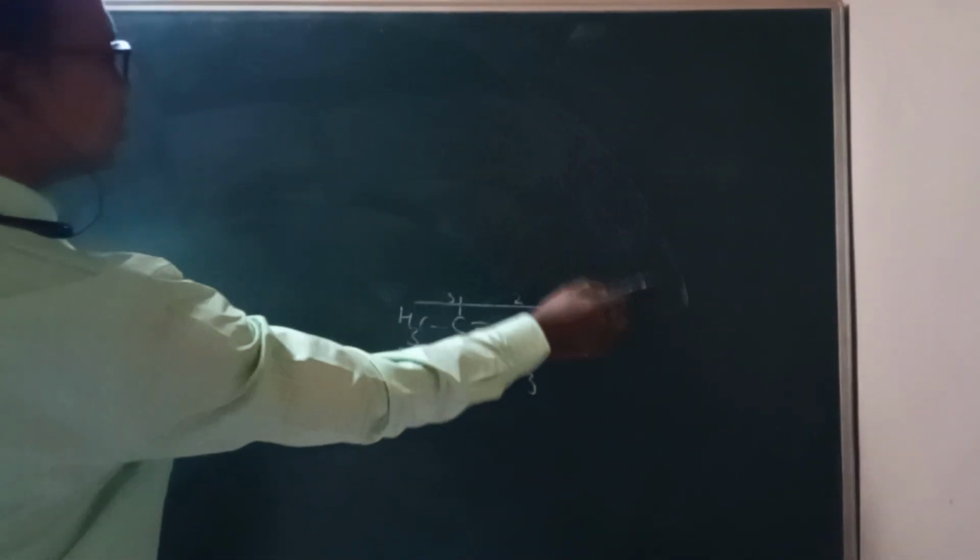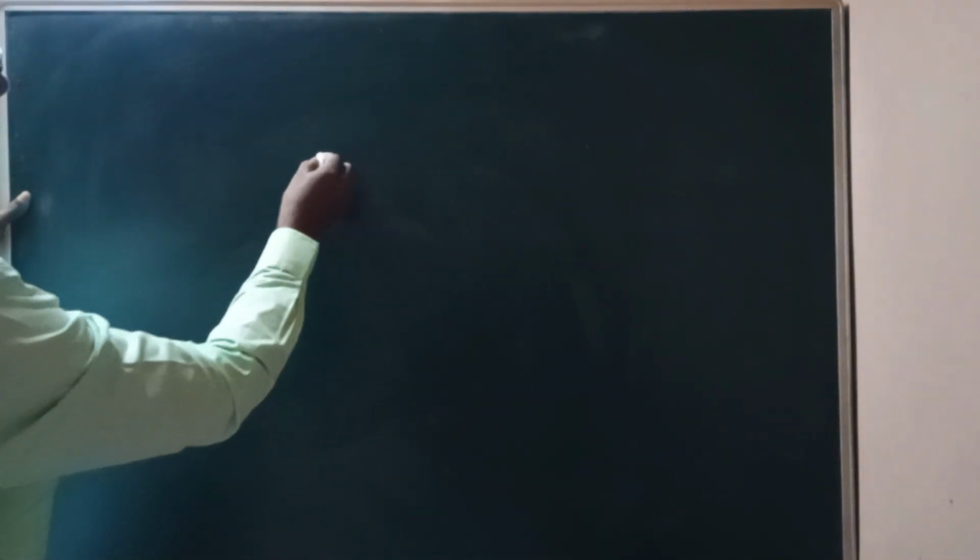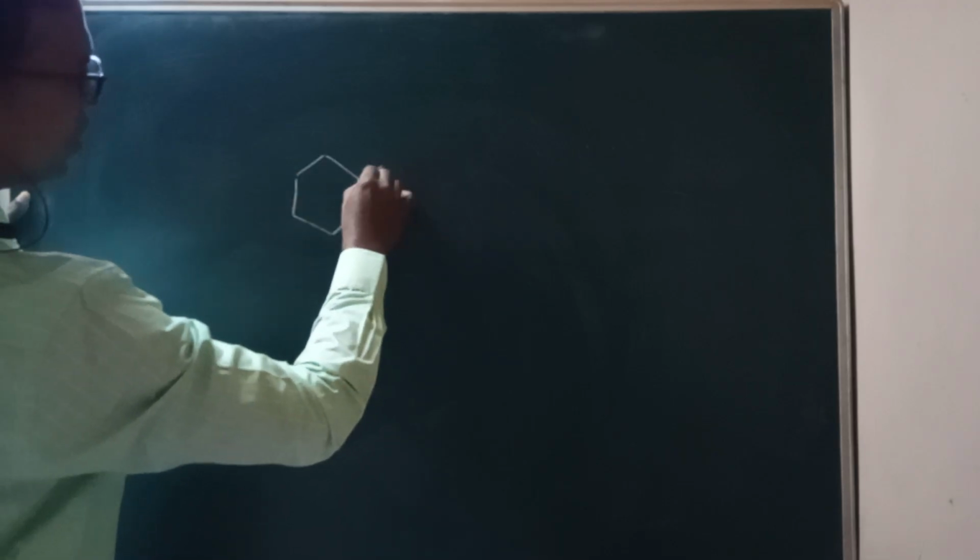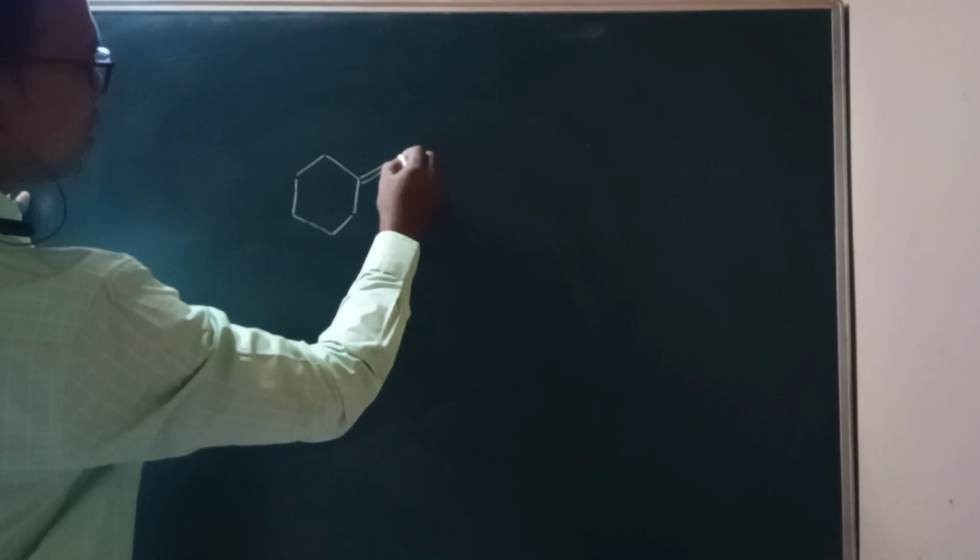Now, why do we need this symmetry? Because we can apply the tricks only when we are in a position to predict whether the given alkene is symmetrical or not. Okay. Likewise, if I have this alkene, that is this double bond, here is a CH2.